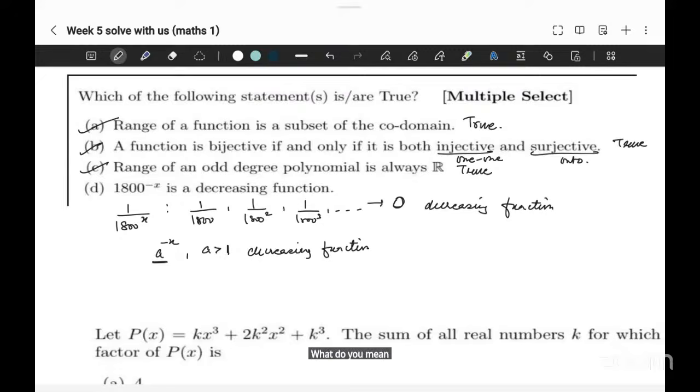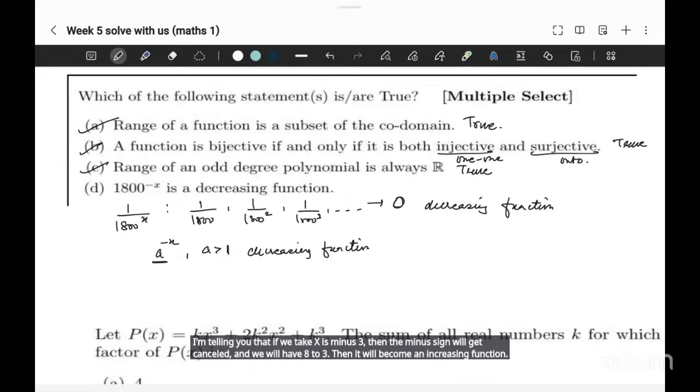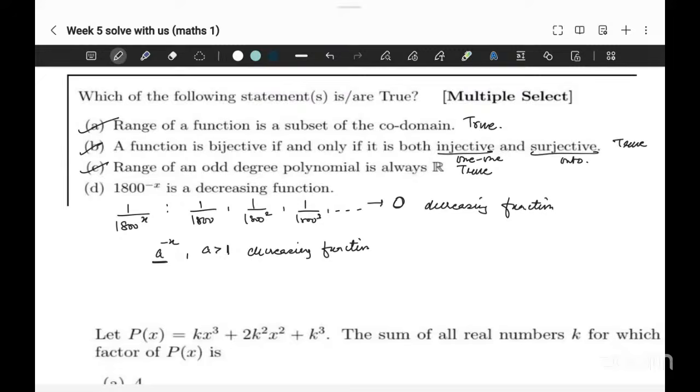I am saying that if we take x as minus 3, then the minus sign will get cancelled and we will have a raised to 3. Then it will become an increasing function. One second. A raised to the power -3. Unless we have a domain restriction.